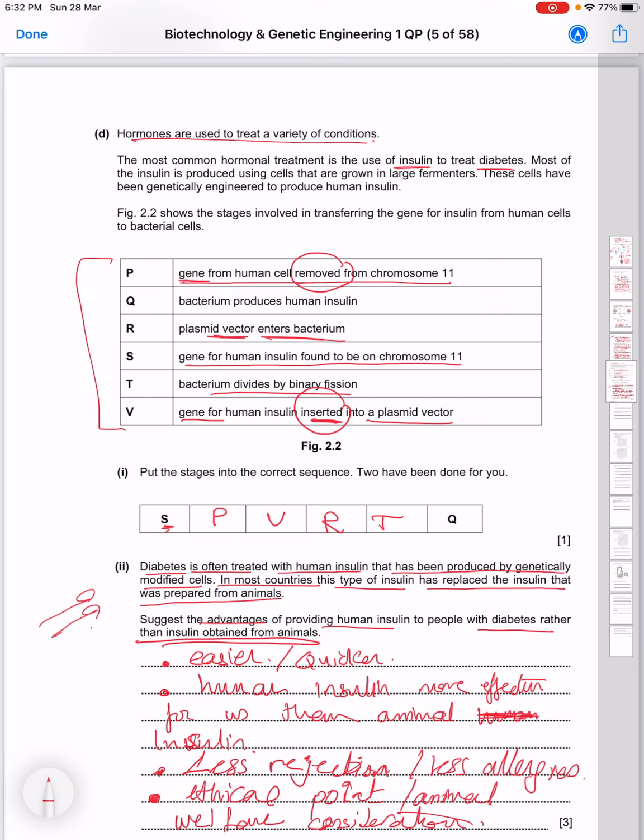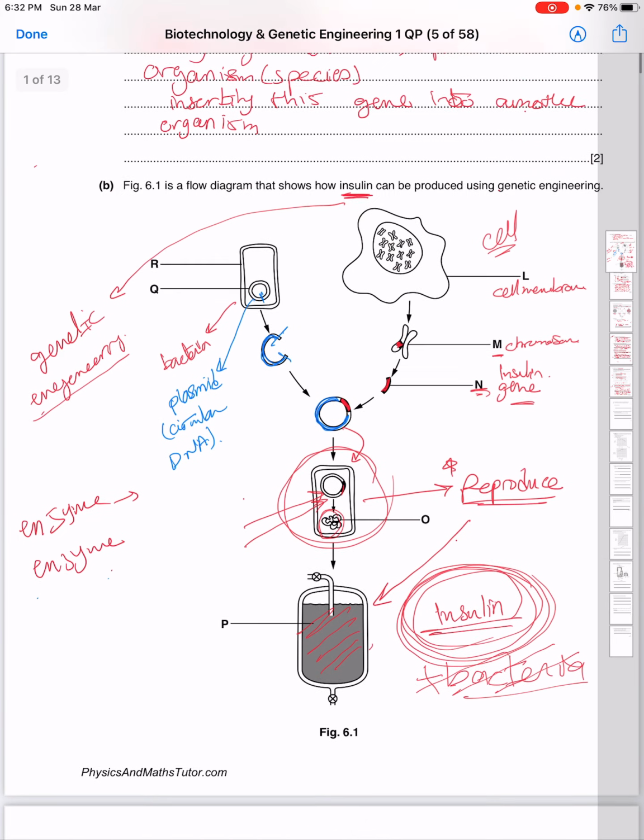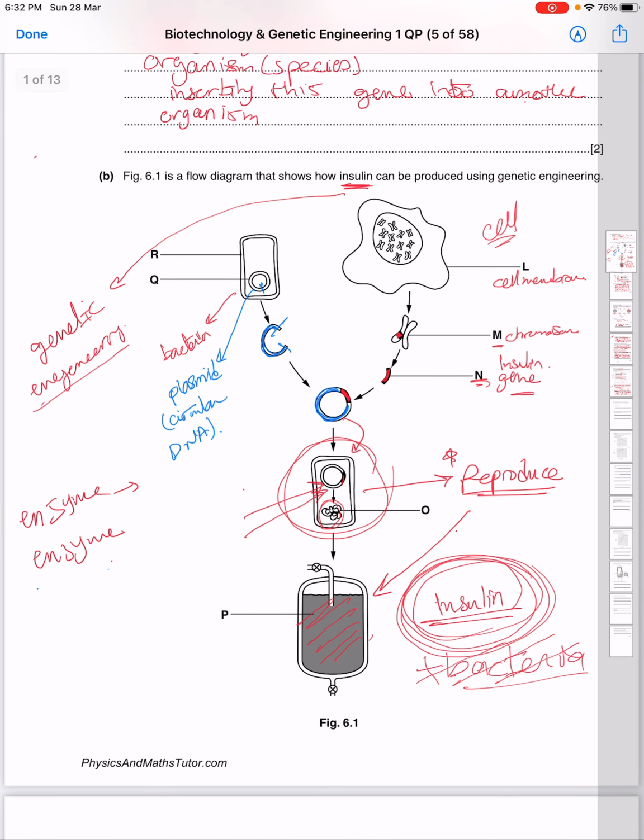Okay, someone will ask, but when I'm using the human insulin, isn't that an ethical issue for humans? No, because you're just removing the gene out of one of the cells, and then you're using bacteria to reproduce the insulin, just the way I explained here. You're basically not using a human.